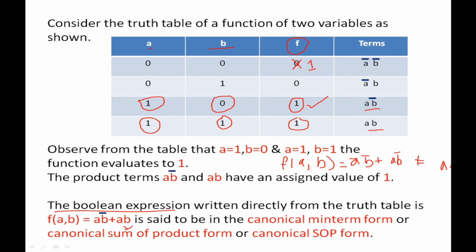You can see why we added a bar b bar to this expression: because we have taken 0 0 as 1.